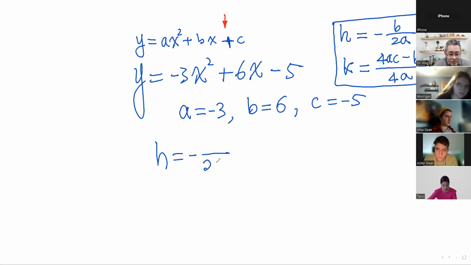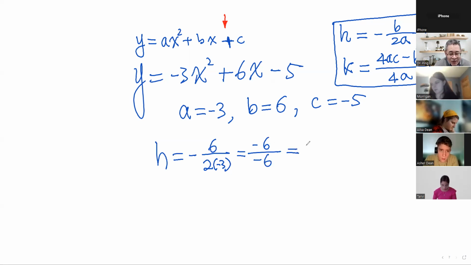But if the question is already negative, then do I mark it as a positive? Yep. Negative divided by negative is positive. So we end up with this, right? -6 over -6. So negative over -6 has to be 1, right? Yeah. Thank you.